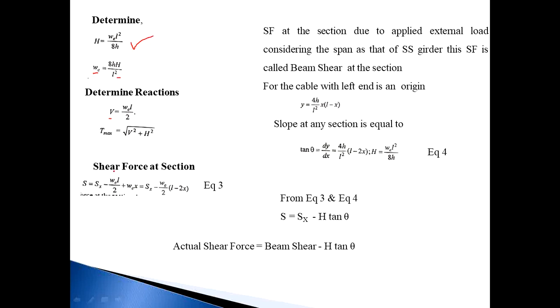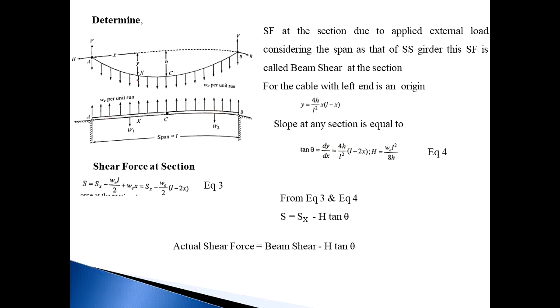Okay. Then next calculate the shear force at the section. So the shear force at section x is simply Sx, that is the shear force at x due to external loads. Consider this side part. So the upward force is the reaction, WEL by 2, minus, that is WEL by 2 plus the intensity of the UDL and distance, that is WE x.